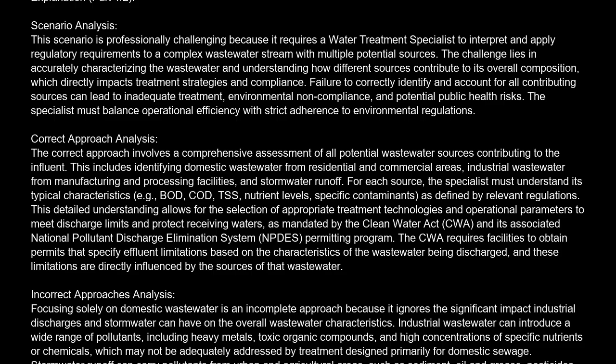Stormwater runoff can carry pollutants from urban and agricultural areas, such as sediment, oil and grease, pesticides, and nutrients, which can overwhelm treatment systems or bypass them if not properly managed. This failure to consider all sources violates the CWA's intent to regulate all point source discharges and manage non-point sources that contribute to water pollution.